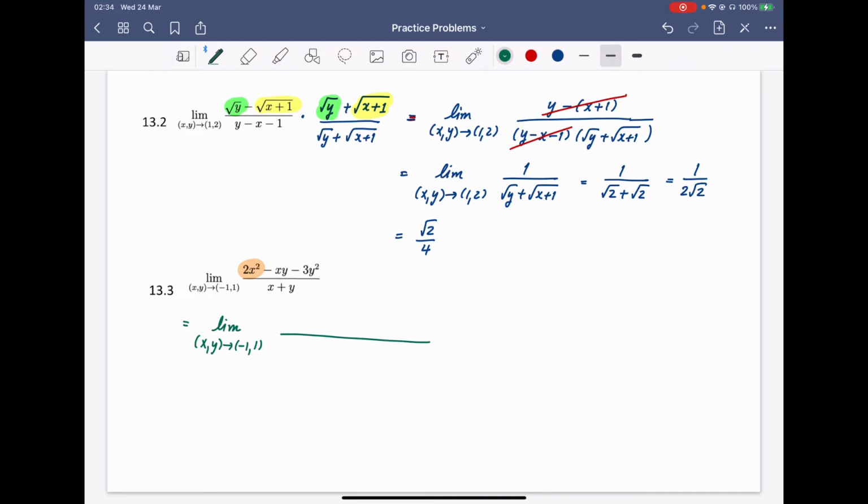So maybe I will try x and 2x, which will give me 2x squared. And then the last term in the numerator is actually minus 3y squared. So maybe I'm gonna split it into y and 3y. So I'm gonna do y here and 3y here.